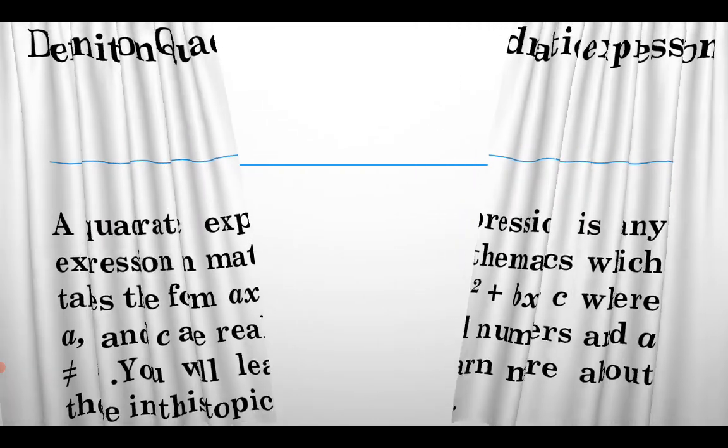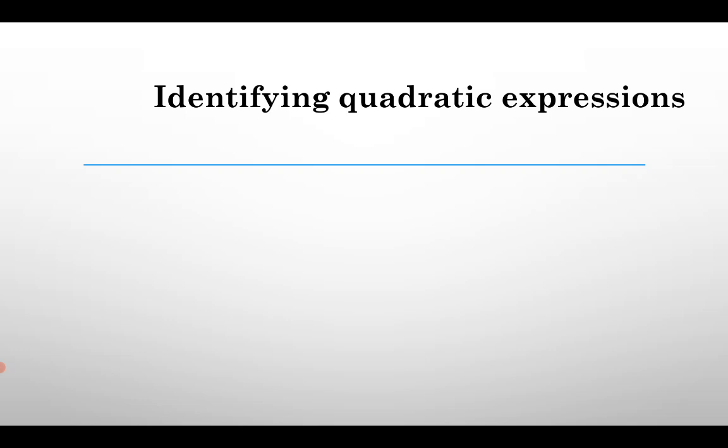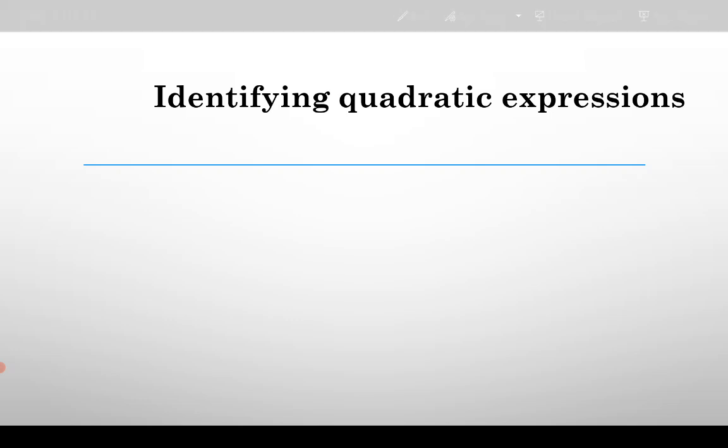Great. We have defined the quadratic expression successfully. So let's identify quadratic expressions. If you see an expression, you should be able to tell whether it is quadratic or not. Remember that a quadratic expression is of the form ax squared plus bx plus c, where a, b, and c are real numbers which can be positive or negative.